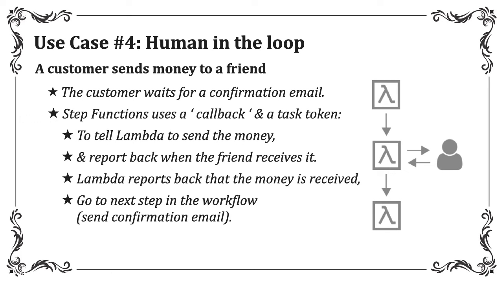You have step function to tell Lambda to send your customer's money and report back when your customer's friend receives it. After Lambda reported back that your customer's friend receives the money, you can have your step function to go to the next step in your workflow, which is to send your customer a confirmation email.